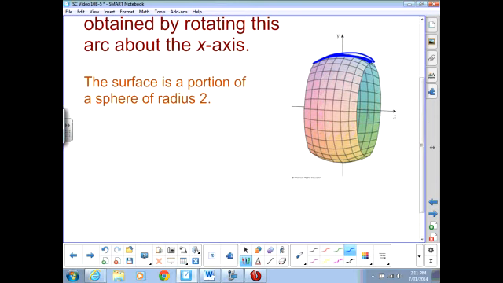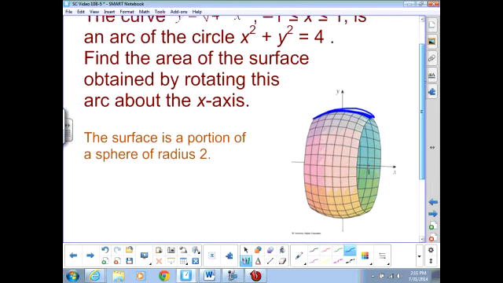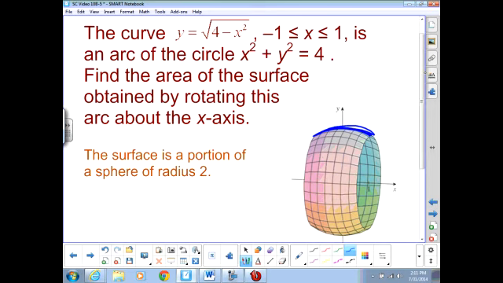Well, our area of surface of revolution has our derivative squared plus 1. So let's do that first, because we will end up needing it. Think of that as being raised to the 1/2, so our derivative will be 1/2 (4 minus x squared) times the derivative of the inside, which is -2x.